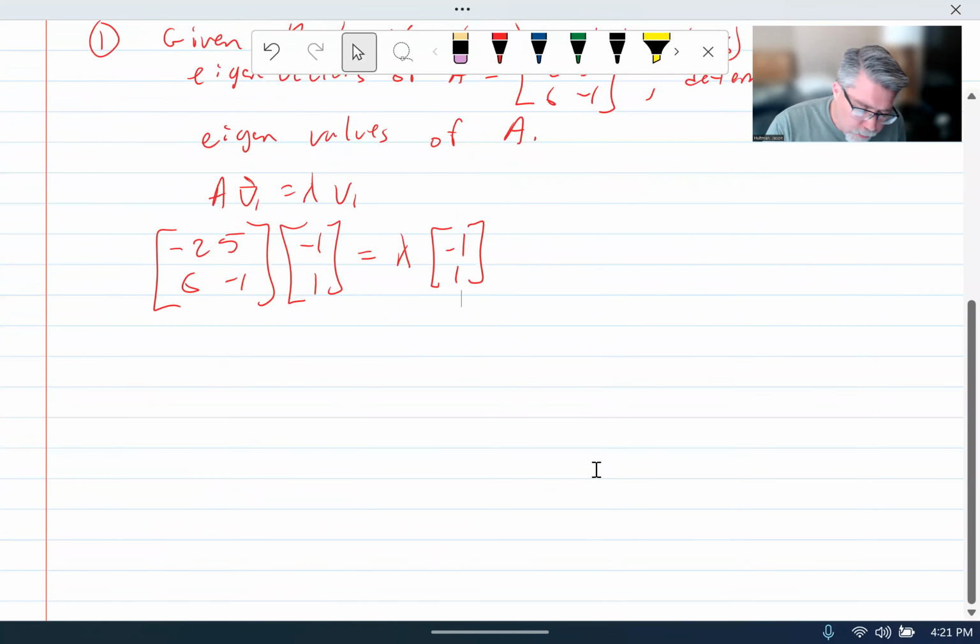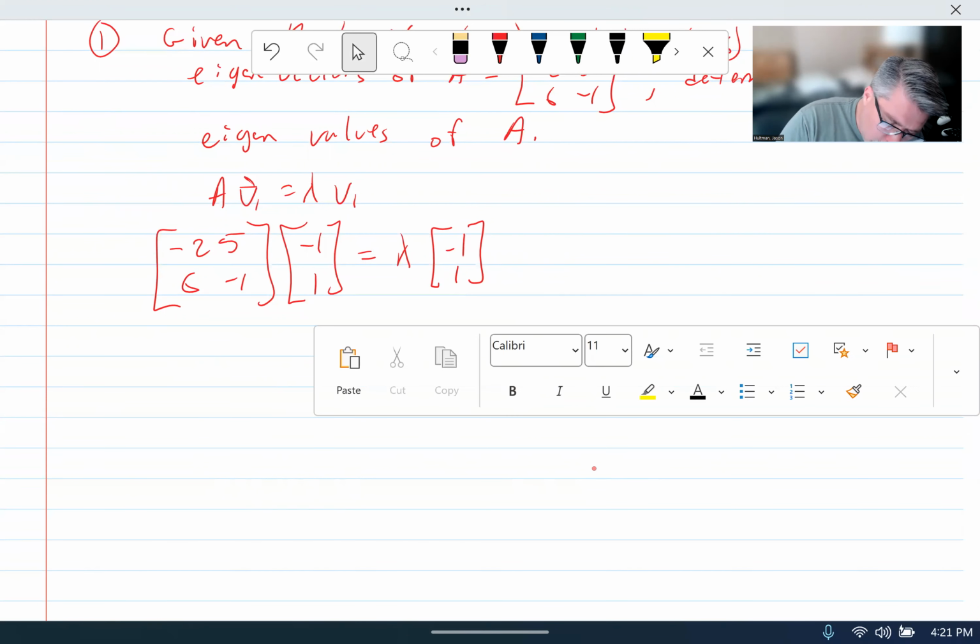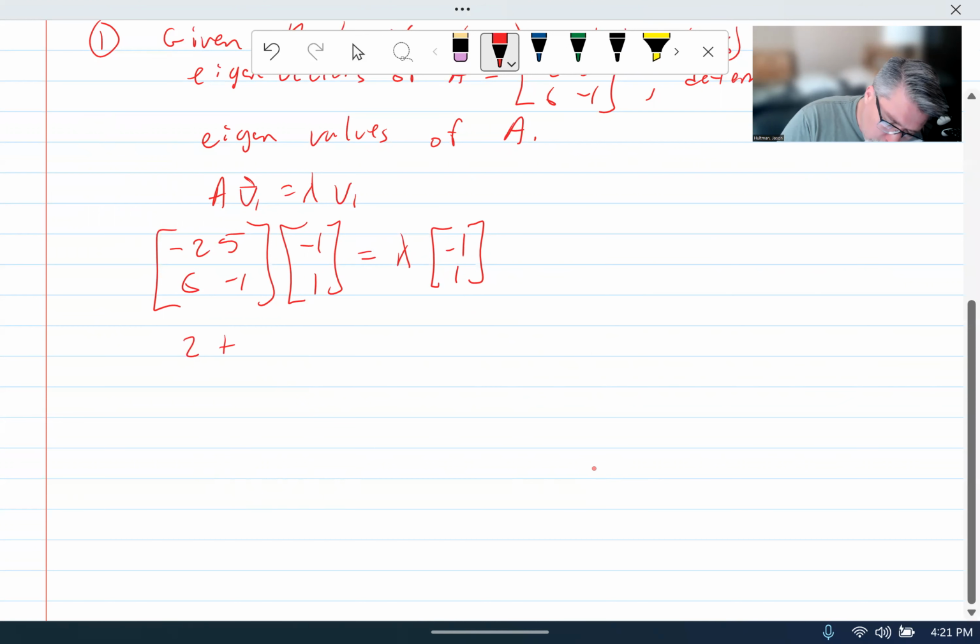Okay, so let's multiply this out and see what we get. We're gonna get negative 2 times negative 1, which is 2, plus 5 times 1, which is 5, equals negative lambda. And then 6 times negative 1, negative 6, plus negative 1 times 1, which is negative 1, is equal to lambda.